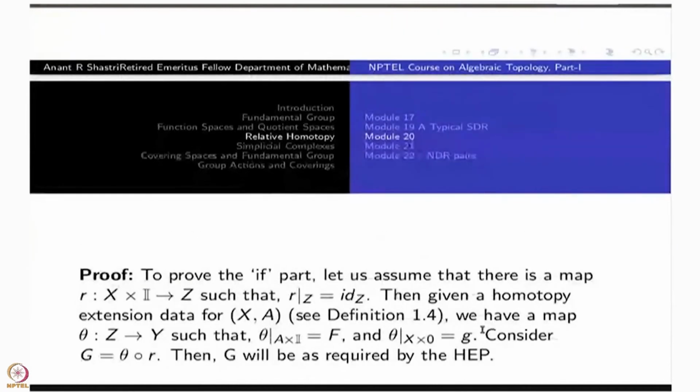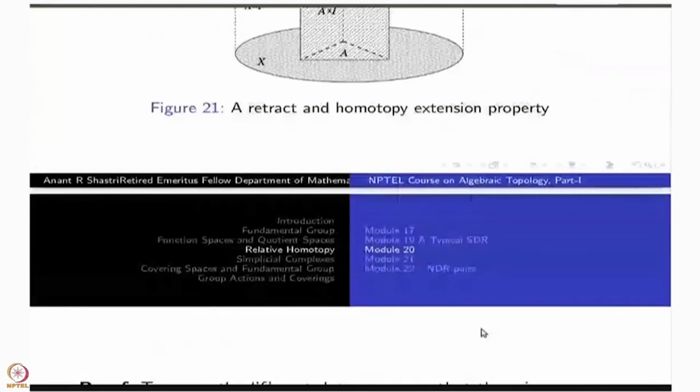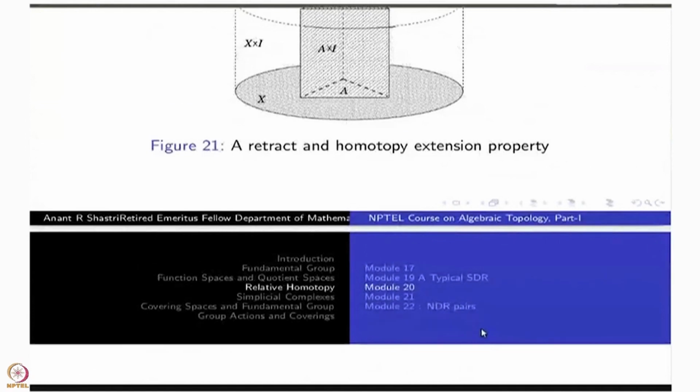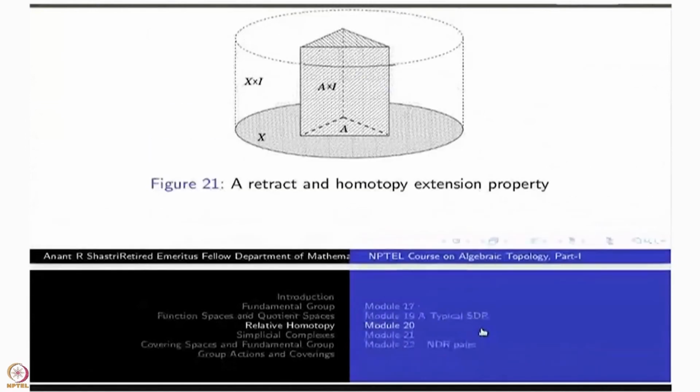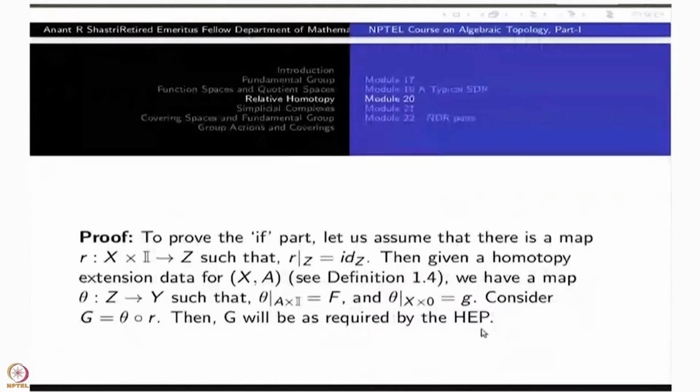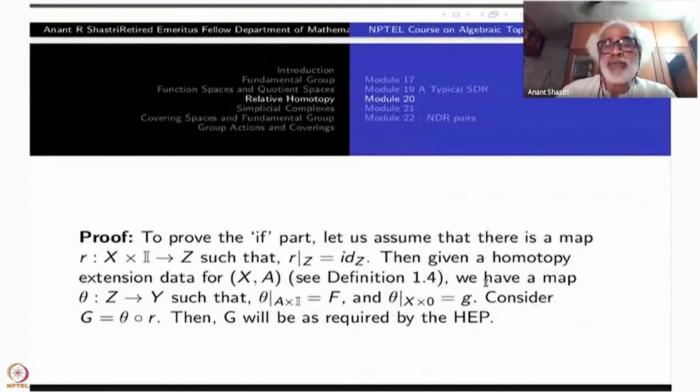To prove the if part, suppose you have the retract. Then I want to show that A to X is a cofibration. So let us assume that there is a retraction R from X cross I to Z. This is just a retract, sorry. It's not even a strong deformation retract. Suppose you have just a retract.